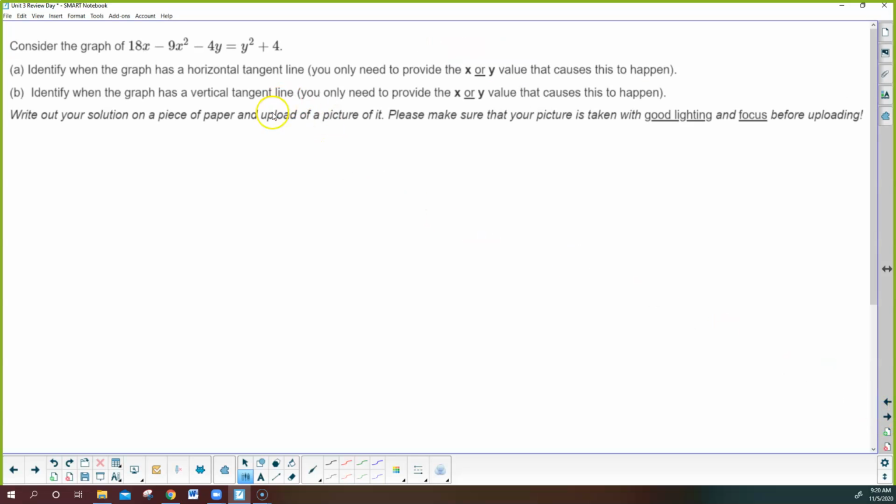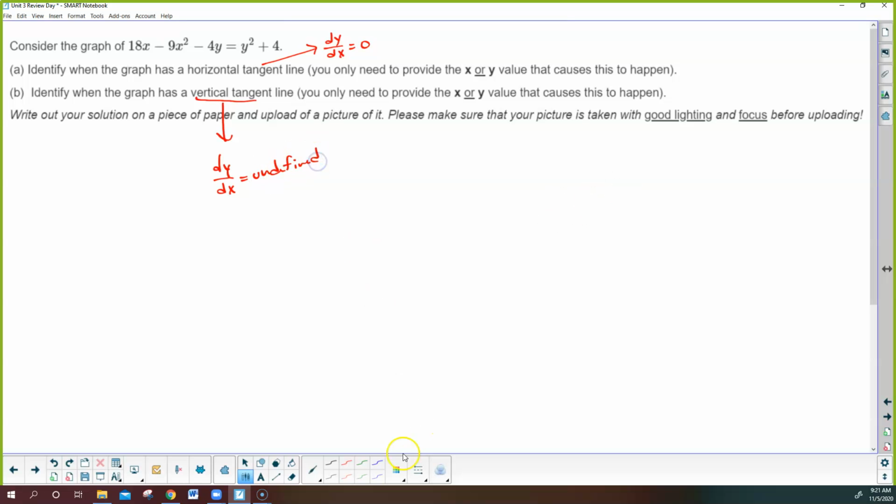All right, this was the part I wanted to talk about quickly. Here's a function, and it says identify when the graph has horizontal tangent lines. Horizontal tangent lines are when the derivative is equal to 0. In this case, they just wanted one x or one y. Vertical tangents are when the derivative is undefined.